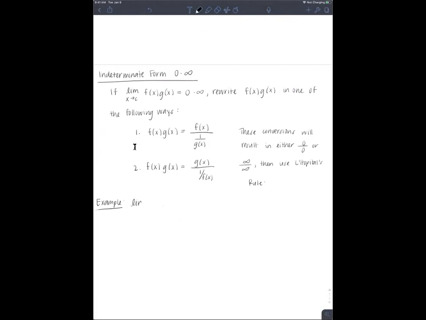Let's look at the limit as x approaches 0 from the positive side of x times ln of x. And here I can't just use L'Hopital's rule because I don't have a fraction, and you need an f over g in order to use L'Hopital's rule.